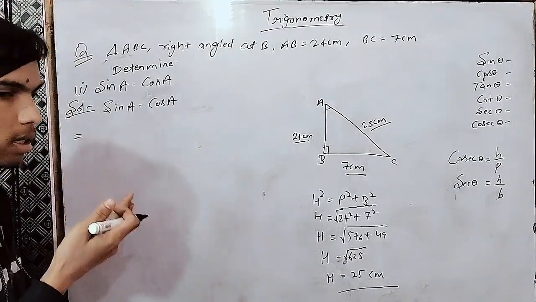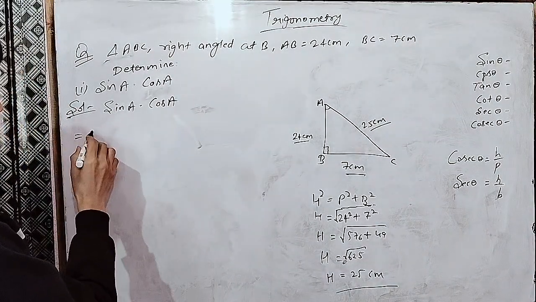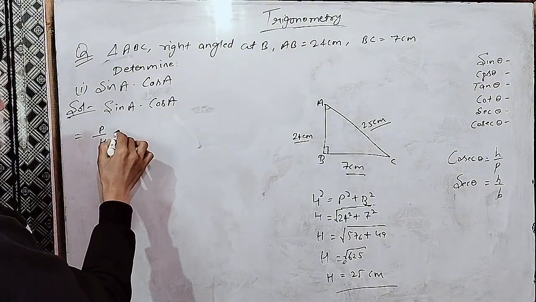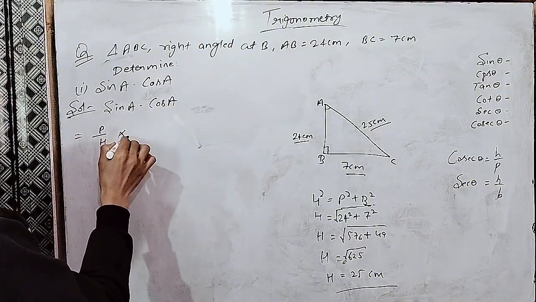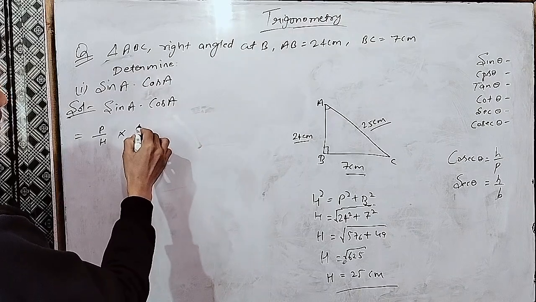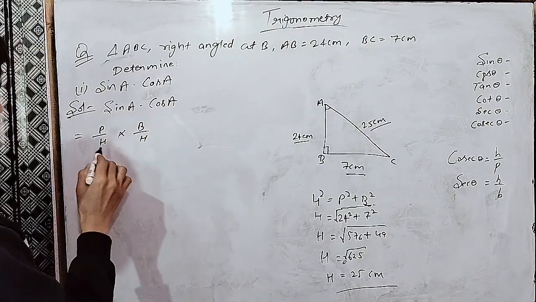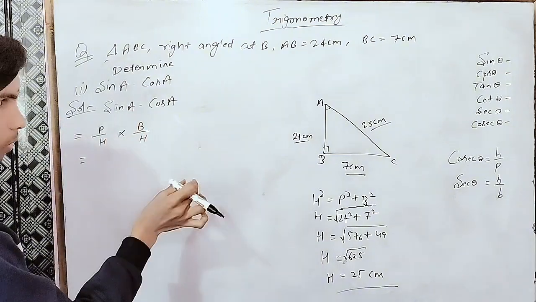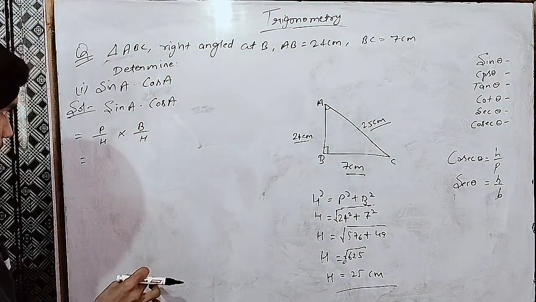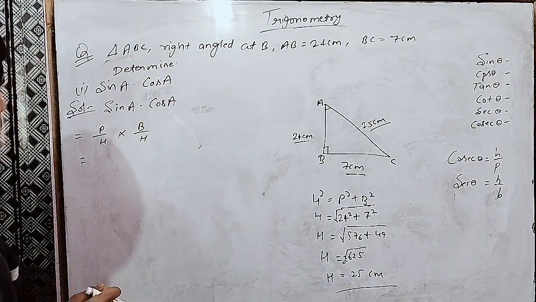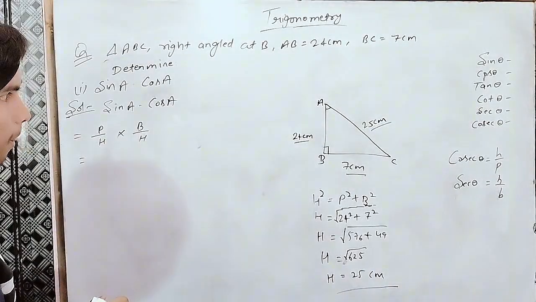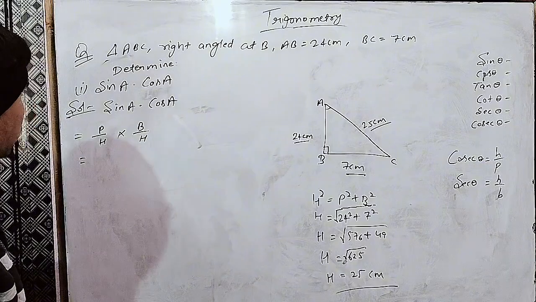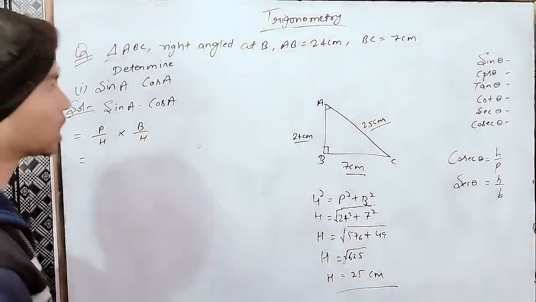Sin A is equal to P by H, then cos A is B by H. According to theta, we will put the value of perpendicular and the value of base. This is the difference. In this step, we could make a mistake in solving such a question.